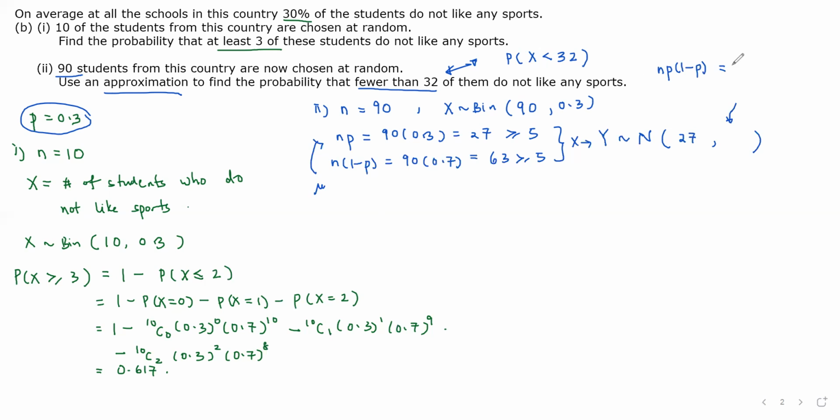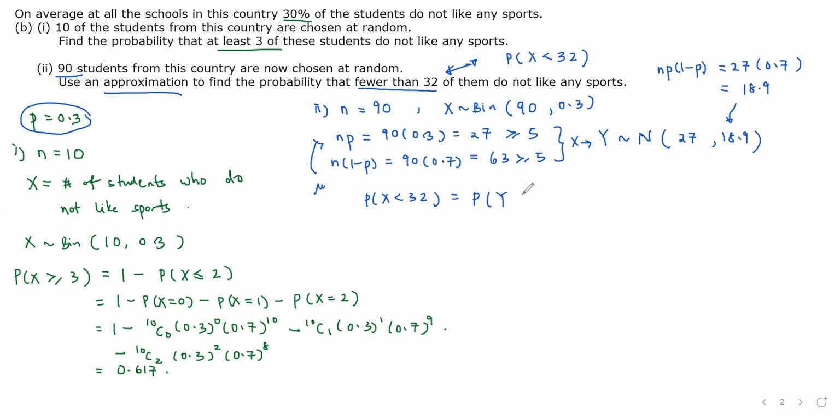We have np as 27, and 27 times 0.7 is 18.9. That is the variance.